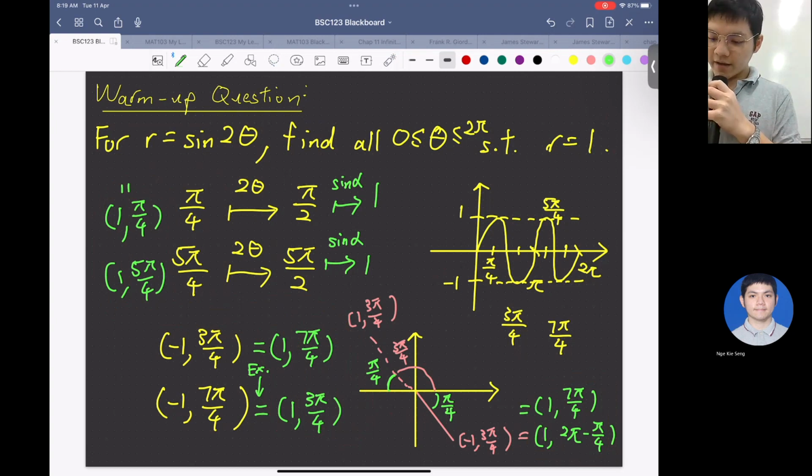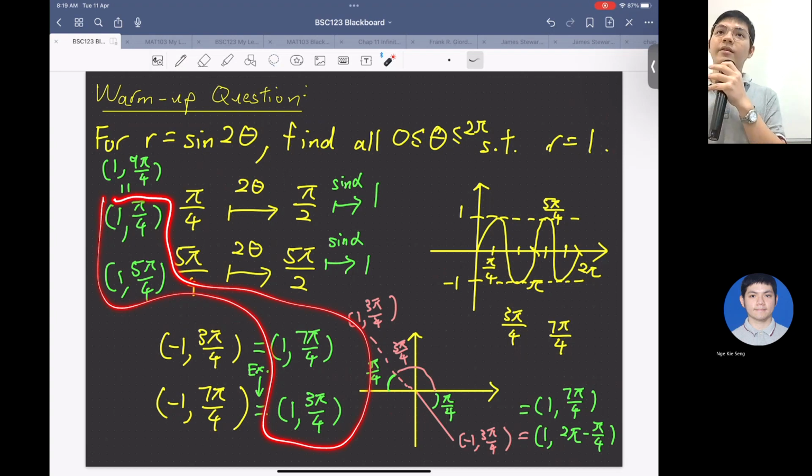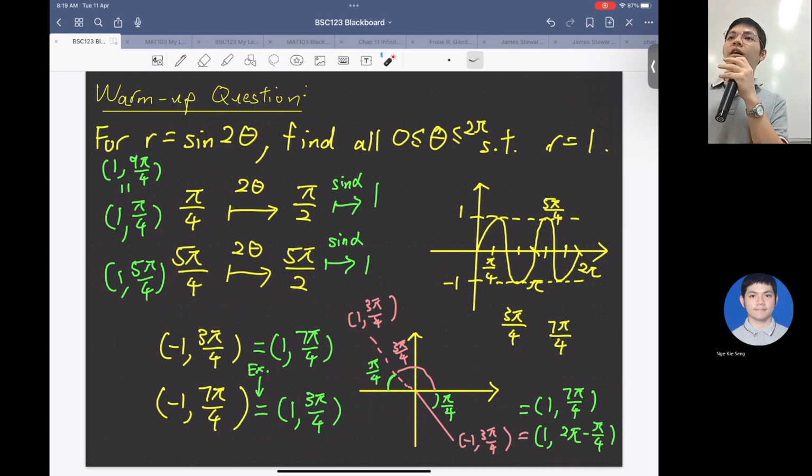If I add 2 pi to any of them, for example I add 2 pi to pi over 4, I get 9 pi over 4. Then 9 pi over 4 is one of these points. So we only identify points that are 2 pi away.